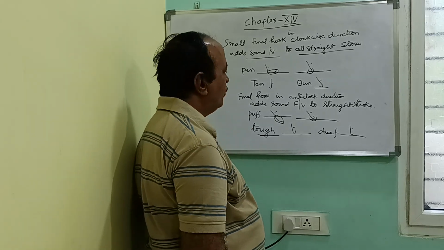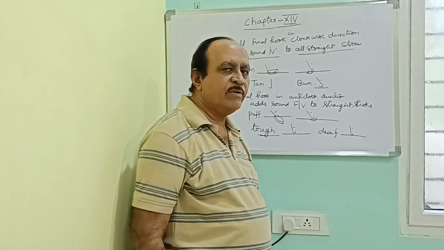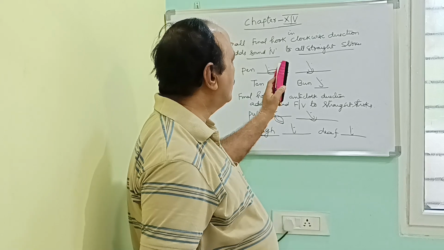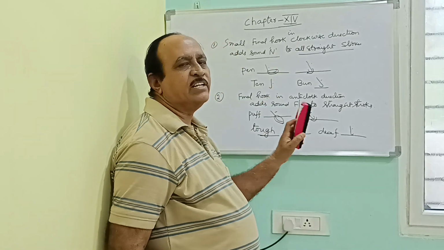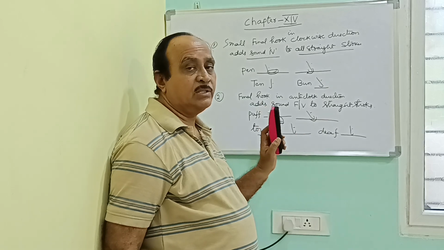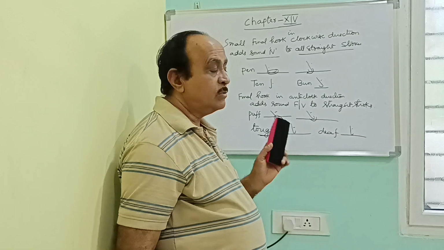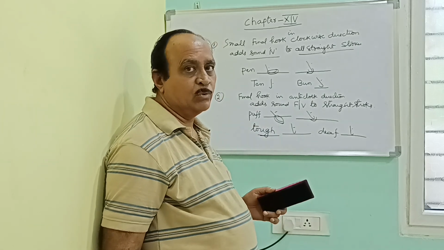A small final hook in anti-clock direction adds the sound of F or V for all the straight strokes. See, the N hook is in clockwise direction, the F hook in anti-clock direction. You must remember this, otherwise you will get confused while writing. Please keep this direction in mind while writing these final hooks.